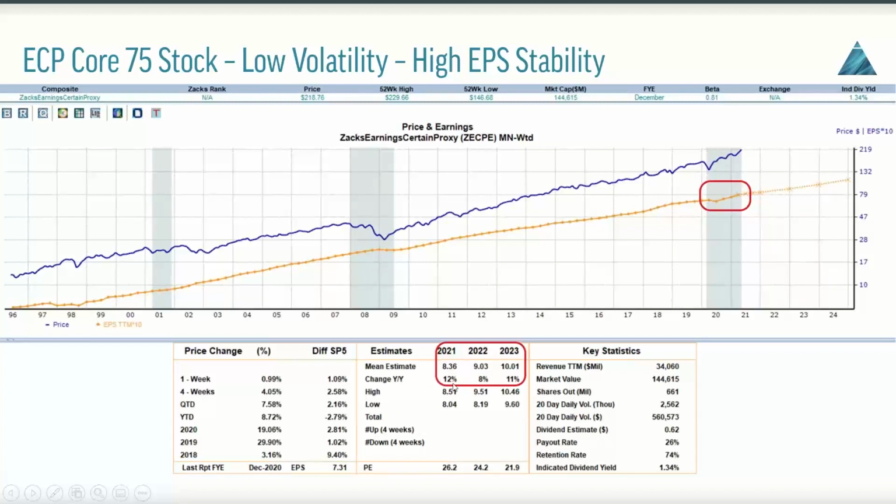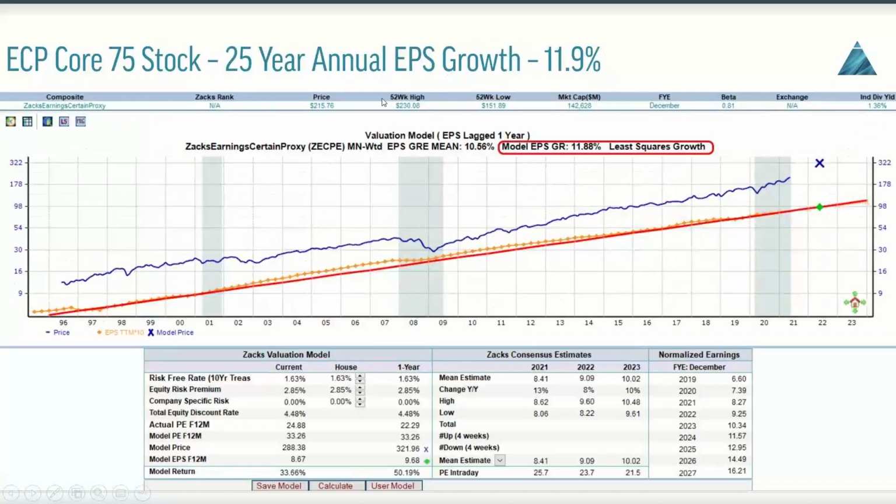You can also see that we've got that reopening phenomenon playing out right now. We've got a growth rate that's bumped up to 12%. It's going to moderate back down to about 8% off of a little bit higher base here in 2021, and then we'll normalize out to about 11%. And you can see that when we actually snap that 25-year least squares trend rate to growth on the Core 75 stock portfolio, over the past 25 years this portfolio's earnings have underlying grown at about 11.9%.